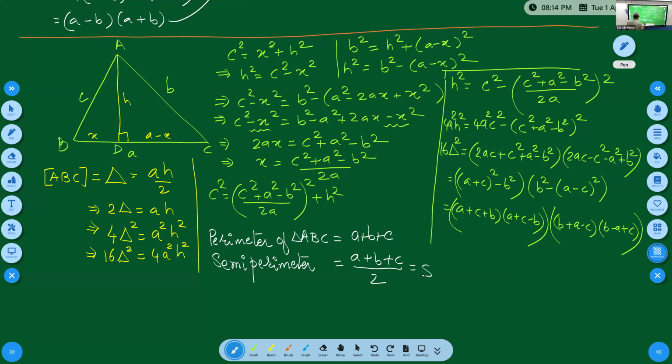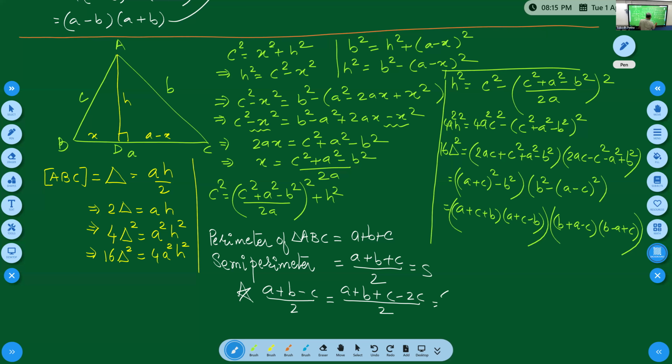Now I wish to know how much is a plus b minus c upon 2 equal to. I want to find out how much this is in terms of semi-perimeter. So what I do is a plus b plus c minus 2c upon 2. I write this quantity as this, and then I can break it into parts.